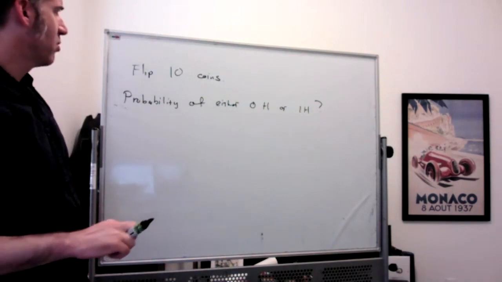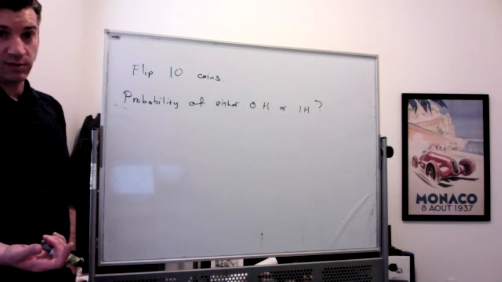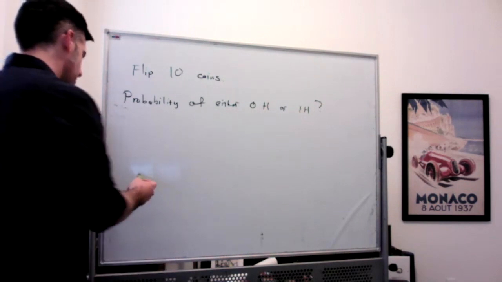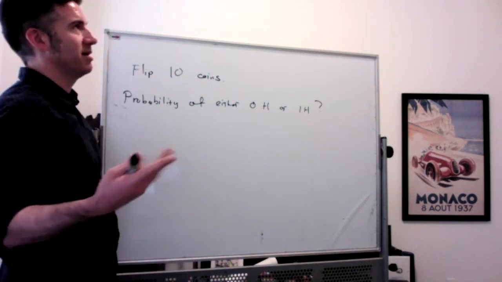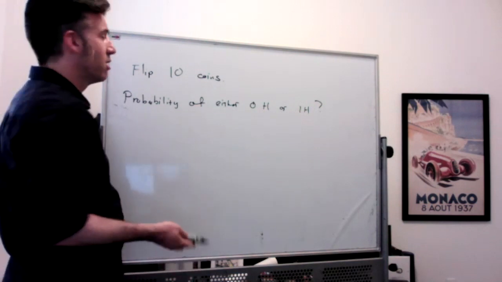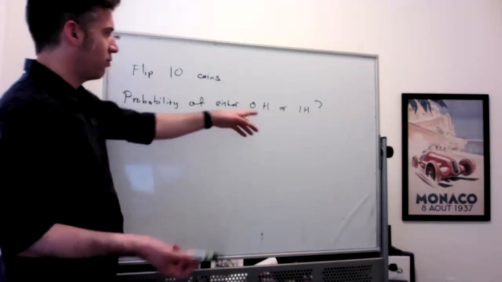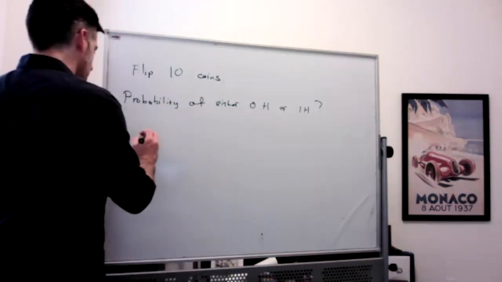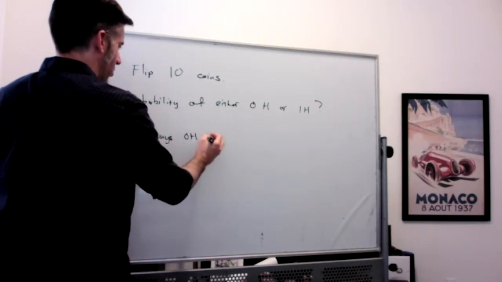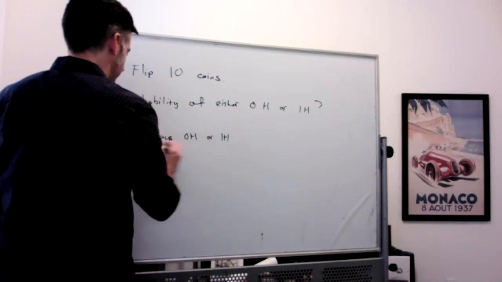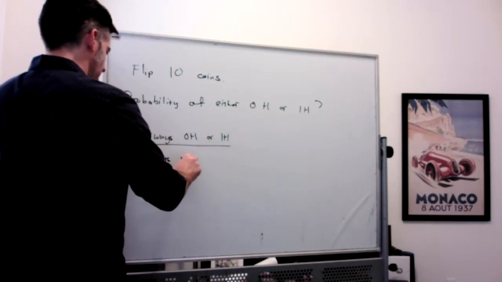Okay, well, let's talk about how many things are in the sample space. All right, so again, the probability of finding 0 heads or 1 head is the number of ways of getting 0 heads or 1 head divided by the number of ways to flip 10 coins.